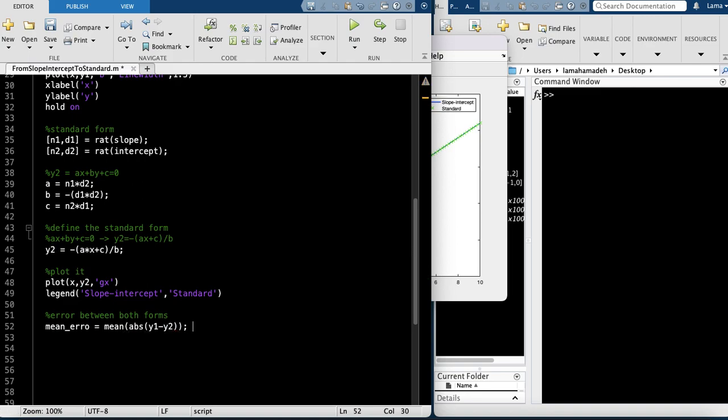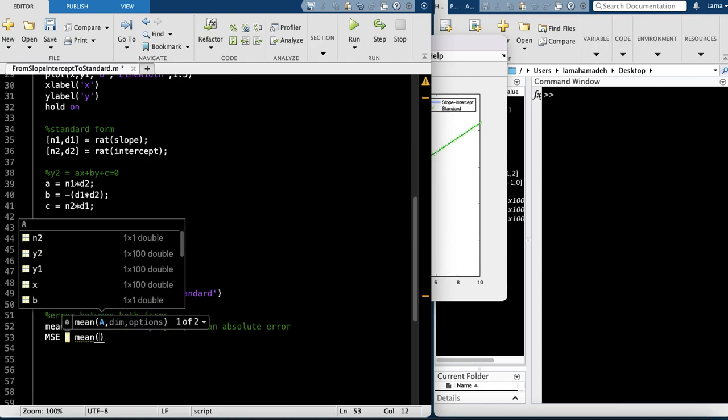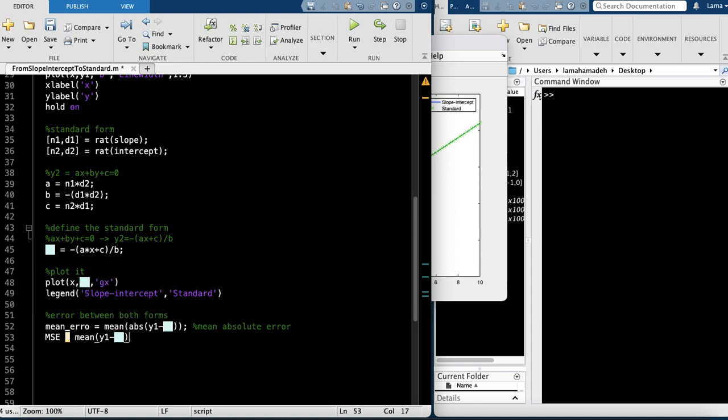And by the way, this is the mean absolute error. We can also calculate the MSE, or the mean square error. We can write it as the mean of y1 minus y2 squared. That is the mean square error.